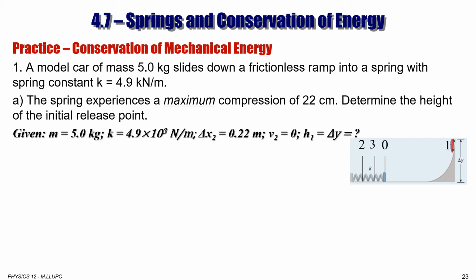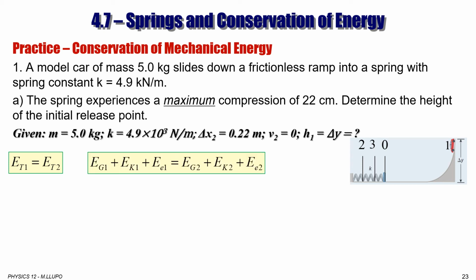So by the law of conservation of energy, total energy on point 1 is equal to total energy on point 2. So on point 1, we have all mechanical energy, which is gravitational potential energy plus kinetic energy plus elastic energy, has to be equal to all mechanical energy at point 2, which are gravitational potential energy on point 2 plus kinetic energy on point 2 plus elastic energy on point 2.